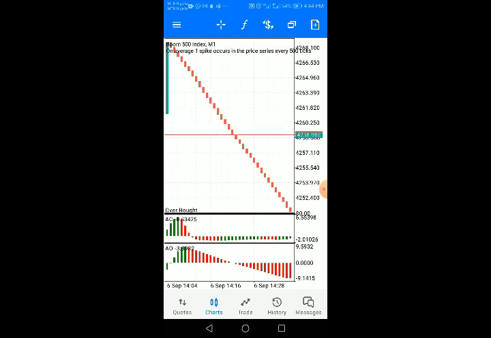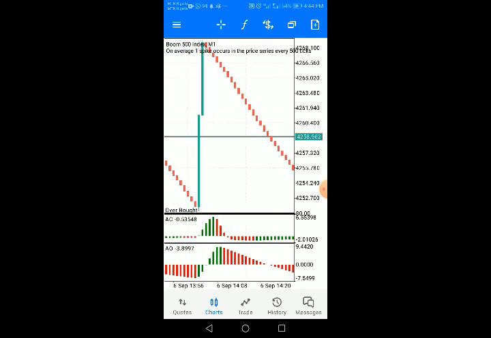So you can see here now what you watch out for. As you can see, we have two indicators below here. We have AC and we have AO. The AC is the Accelerator Oscillator, while the AO is the Awesome Oscillator. All right, the first thing you need to look out for is the AC.